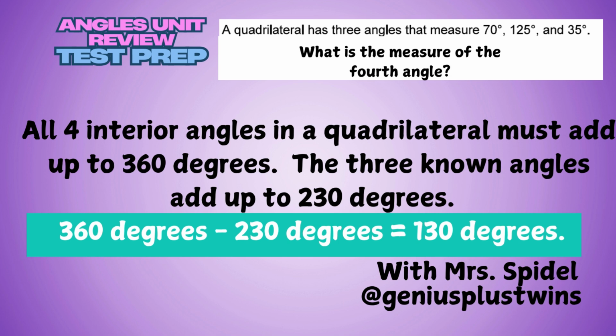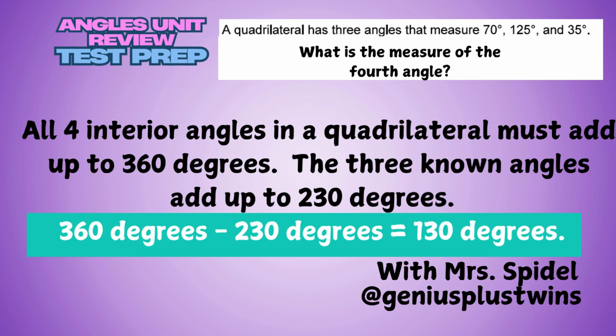To solve this, we have to remember that in a quadrilateral, all interior angles must add up to a total of 360 degrees. To do this, I must add the three known interior angles together, and then I need to find the difference.